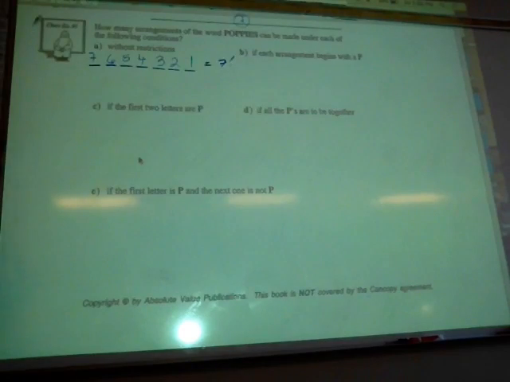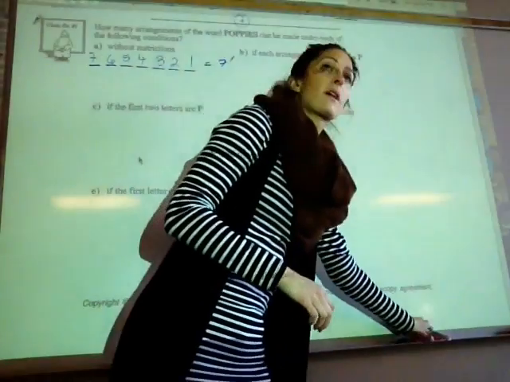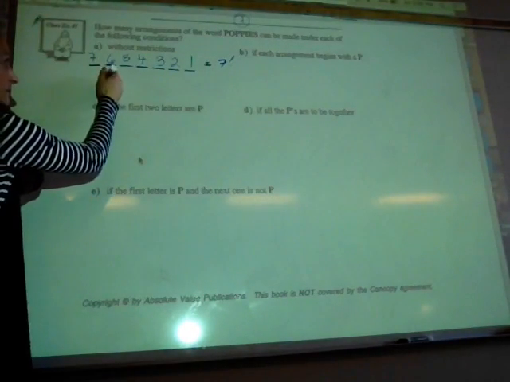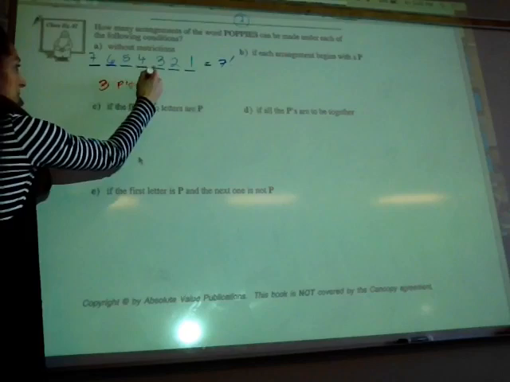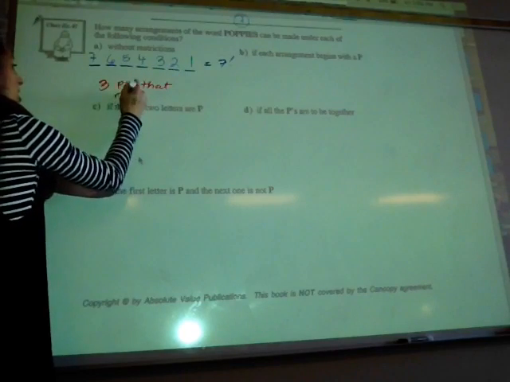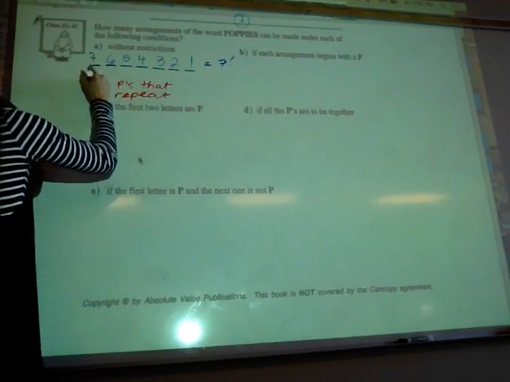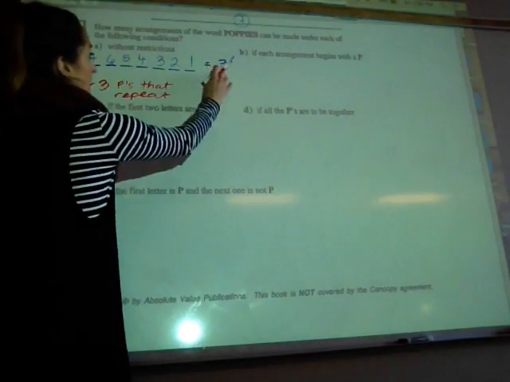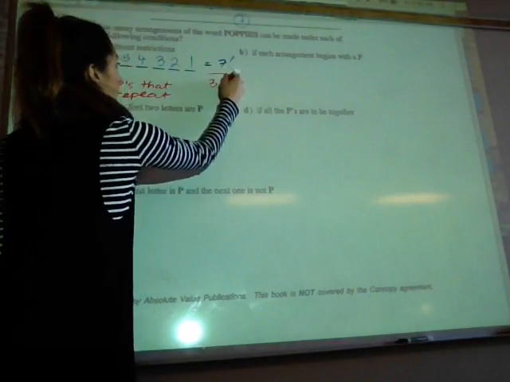Do I have any letters that repeat though? Which one? P, and how many times does it repeat? I have 3 P's that repeat. So that means you have to take your answer from here and divide it by 3 factorial.